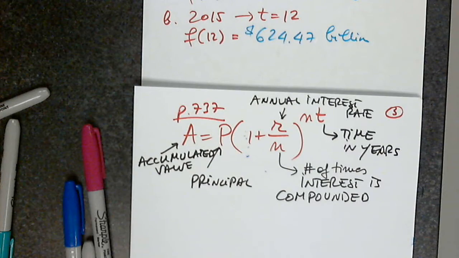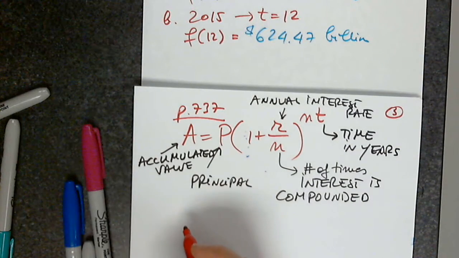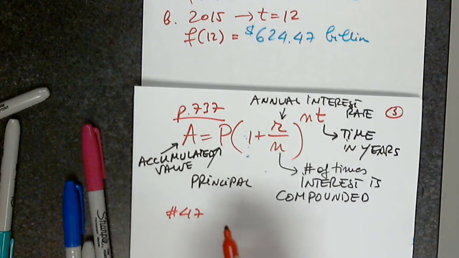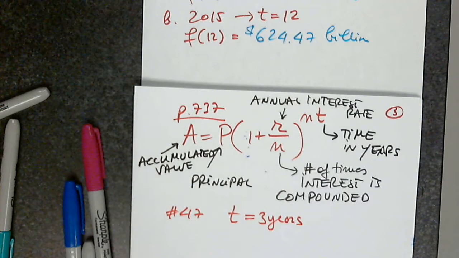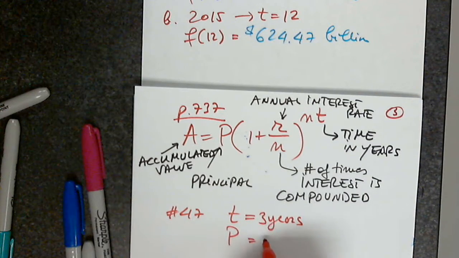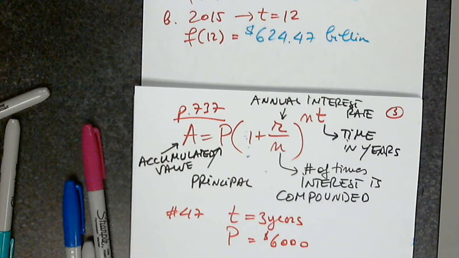Find the amount Erica owes at the end of 3 years. So this is problem 47. So time equals 3 years. If $6,000 is loaned to her, is this the accumulated value or the principal? Of course. So $6,000 was loaned to her at a rate of 8%.